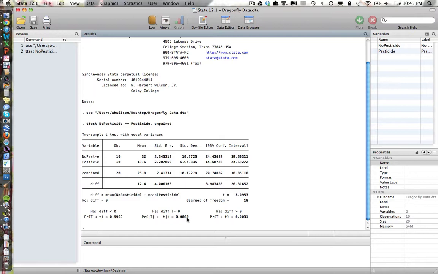In other words, there's fewer than 7 chances in 1,000 that this would have happened randomly. So we're going to be able to reject the null hypothesis, and in fact we'll claim that the alternative hypothesis is true. If we go up and look at our data here, we can see that in the no pesticide ponds we had an average of 32 dragonfly larvae compared to only 19.6.